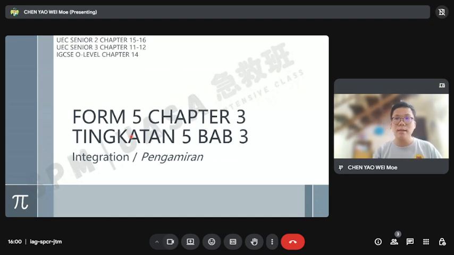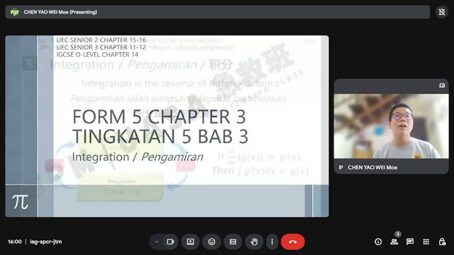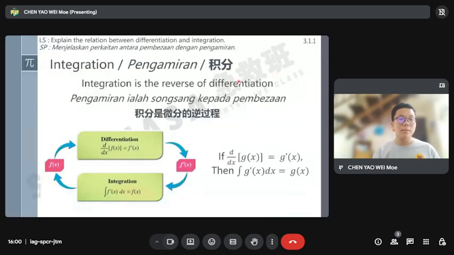The first thing we need to know is that integration is the reverse of differentiation. Differentiation gives dy/dx. If the original equation is y, or f(x), then when I differentiate I get f'(x). Whether it is the first or second derivative, when I want to return to the original equation, I do integration.